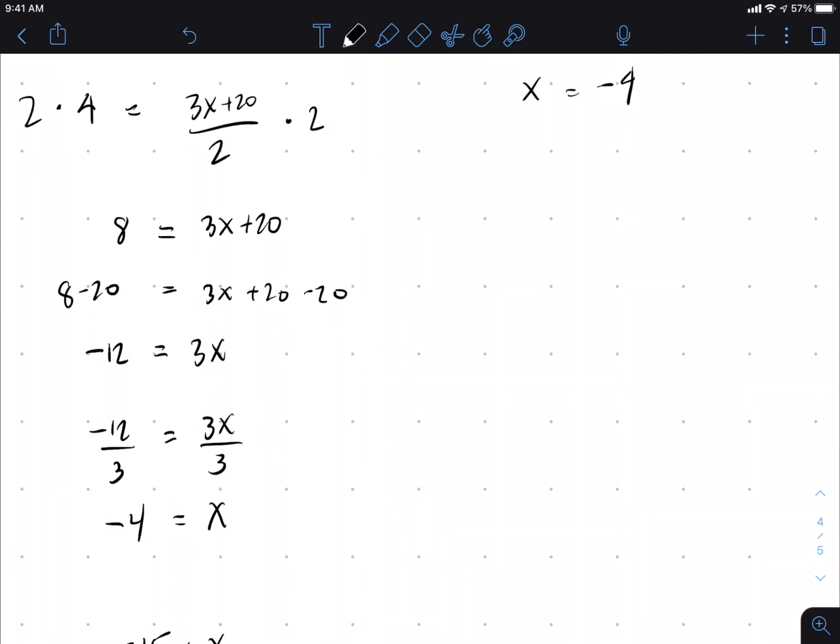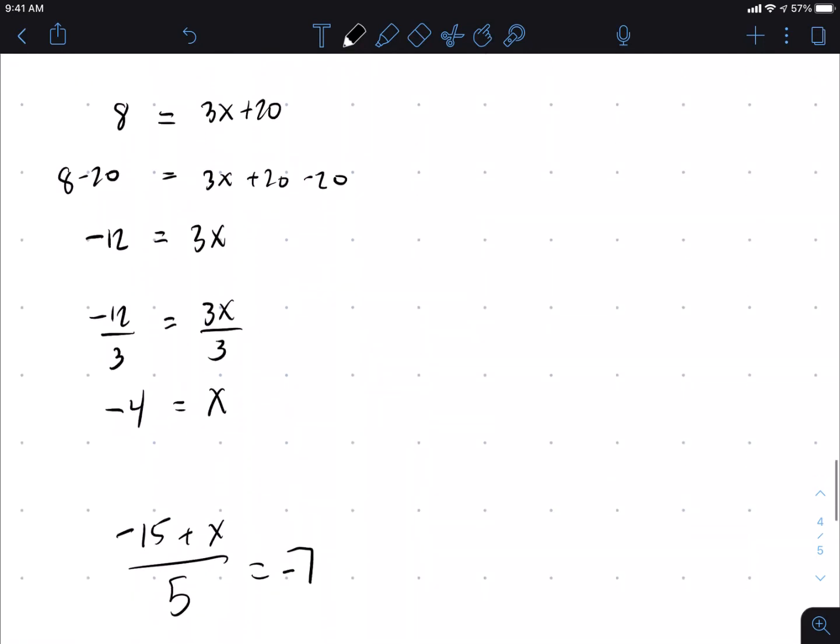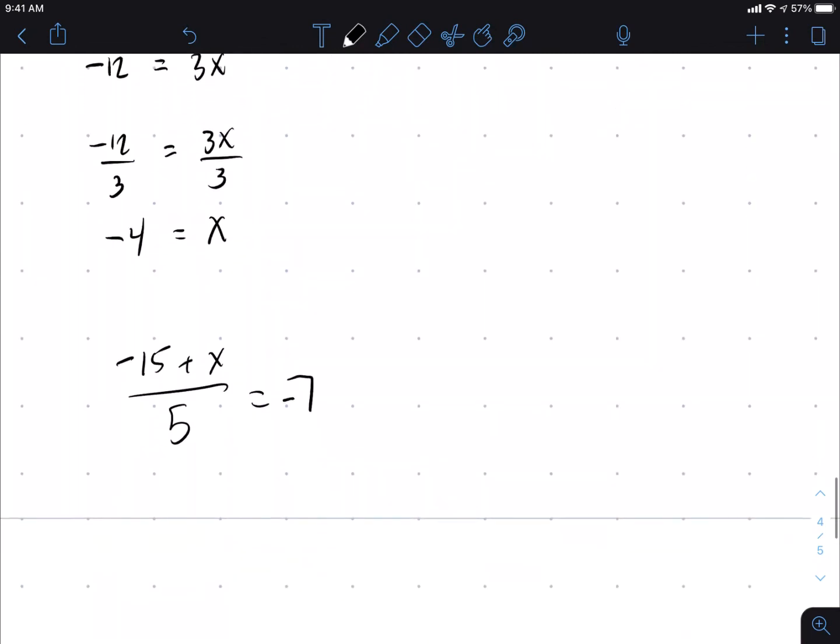Okay. Or you can go back to the math problem. I finished copying. Okay, cool. Here you go.